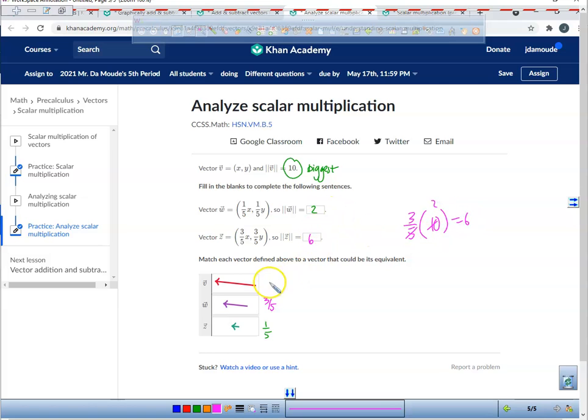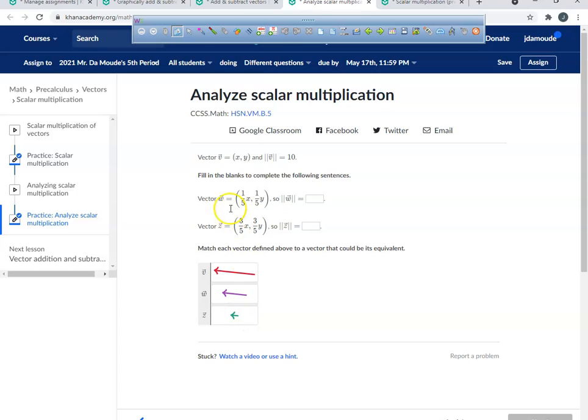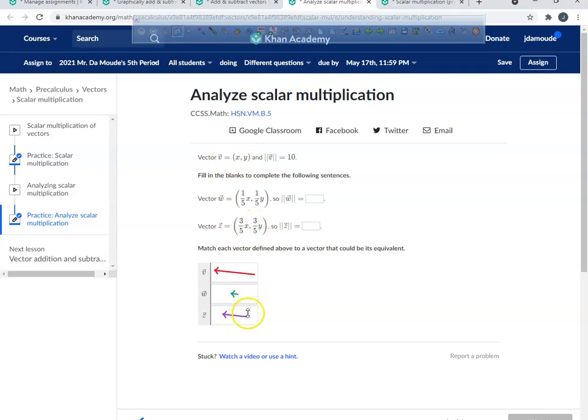So I'm going to put a 2, a 6, and I guess I'm just going to take this one and move it up. So the smallest one, vector W, I've got to put that there. Vector V is the largest, and vector Z is the one that's 6/10 or 3/5 of that.